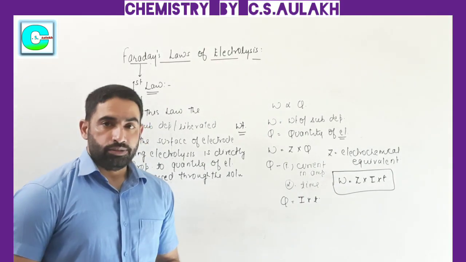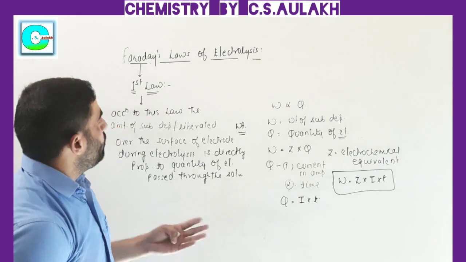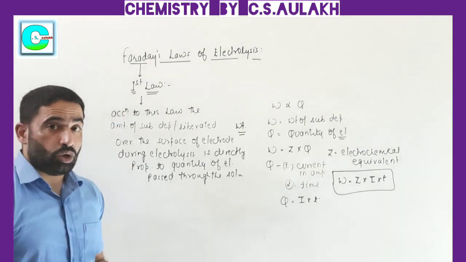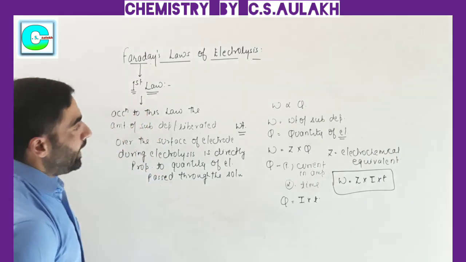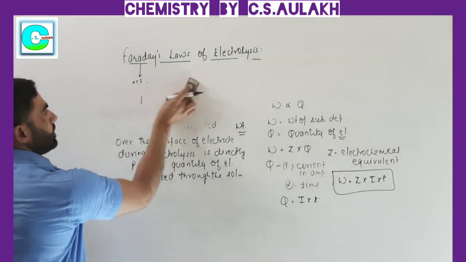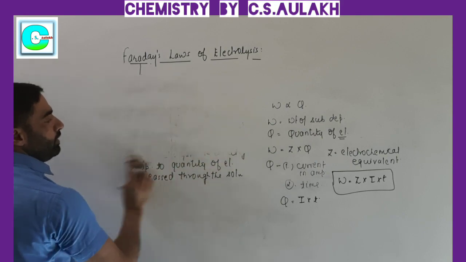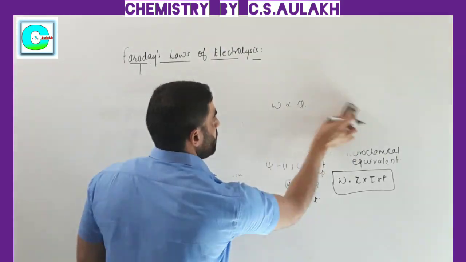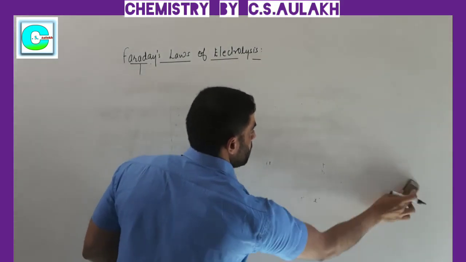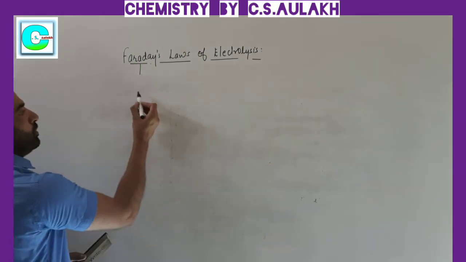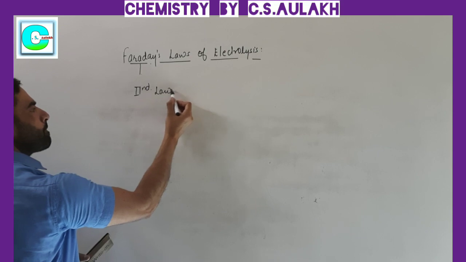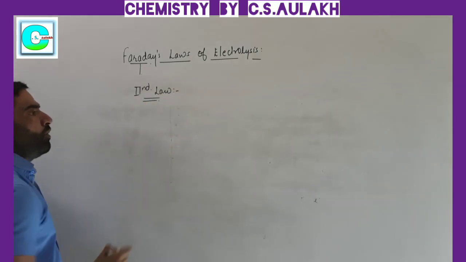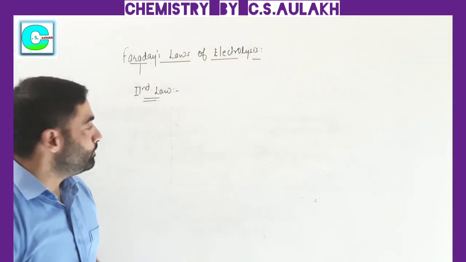Similarly, we can start with the second law, that is also for the quantitative aspect of electrolysis, and in that law we will start with this example. So first we will consider the example.